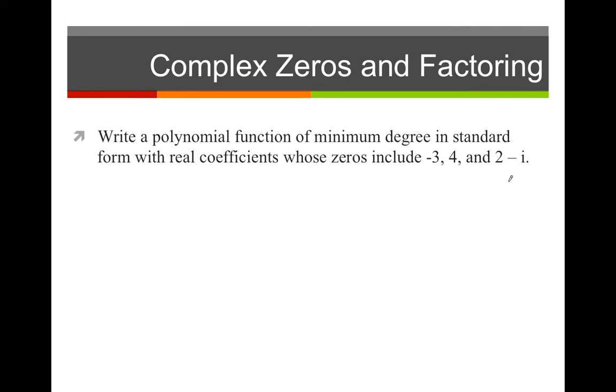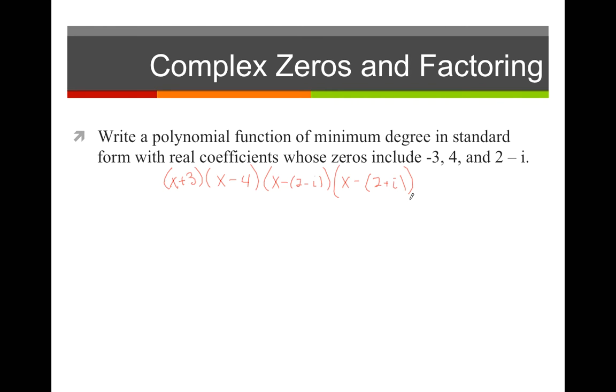So we're going to do that here. The negative 3 means it's x plus 3. The positive 4 means it's x minus 4. And then we have x minus 2 minus i, but you have to include x minus 2 plus i.